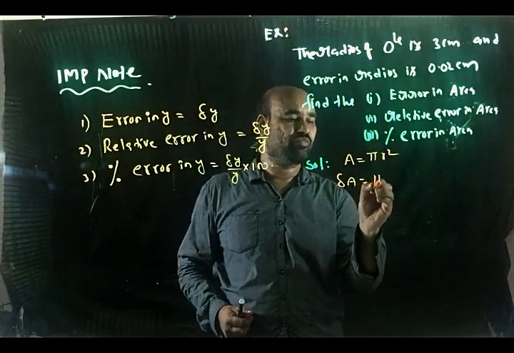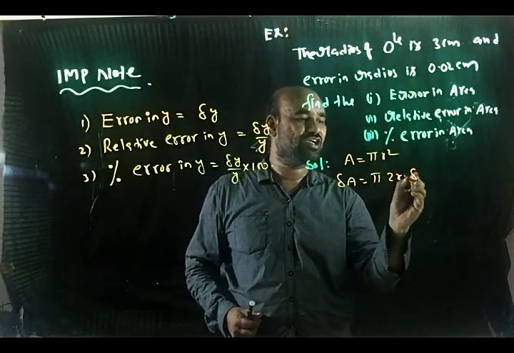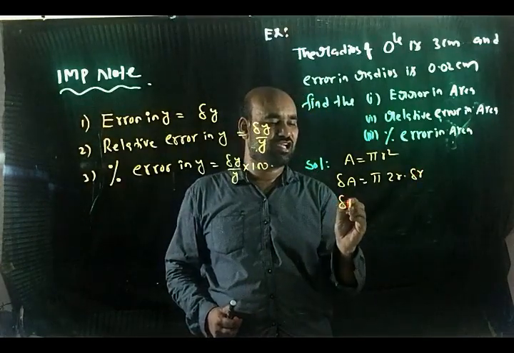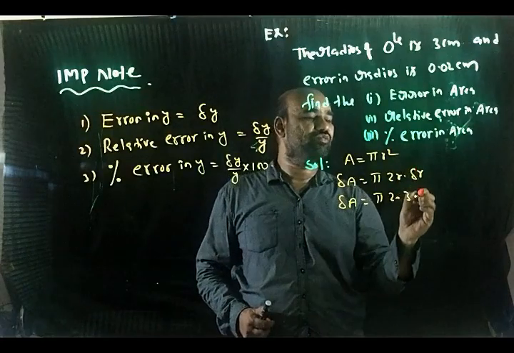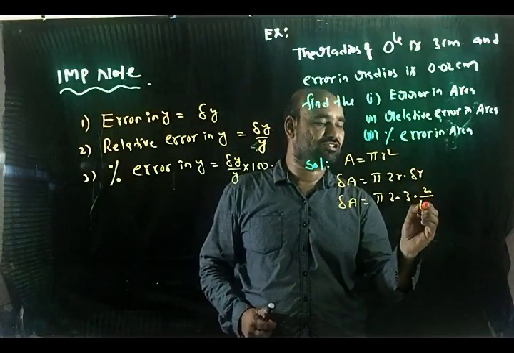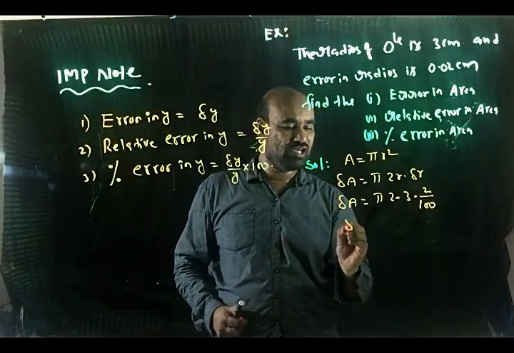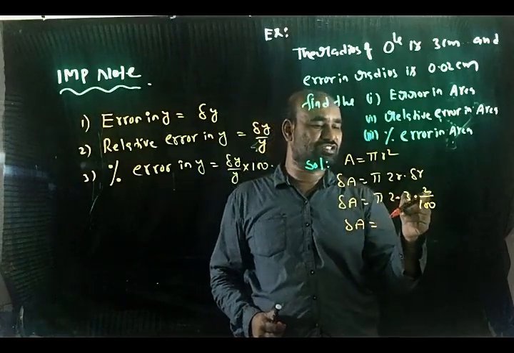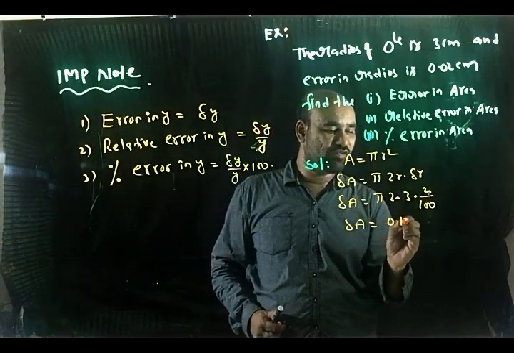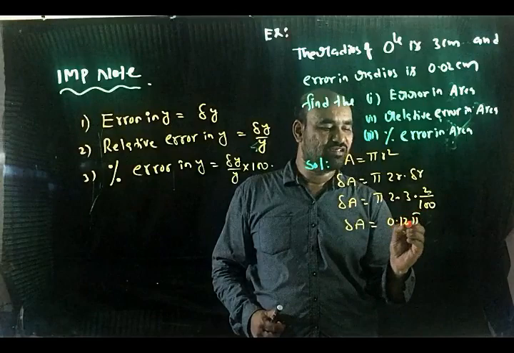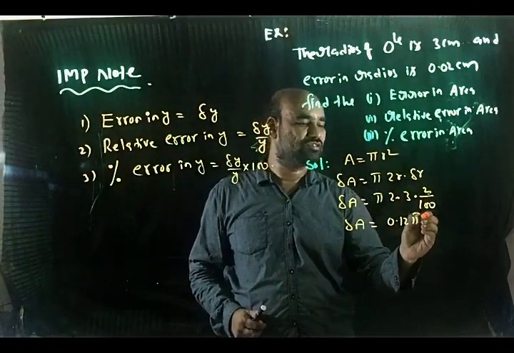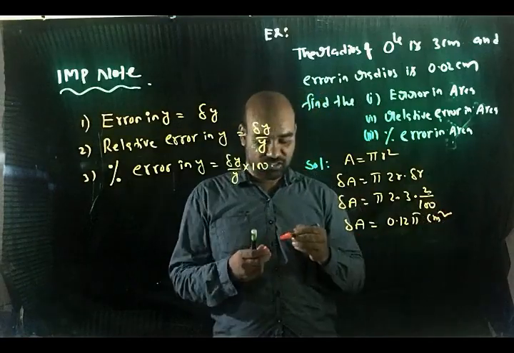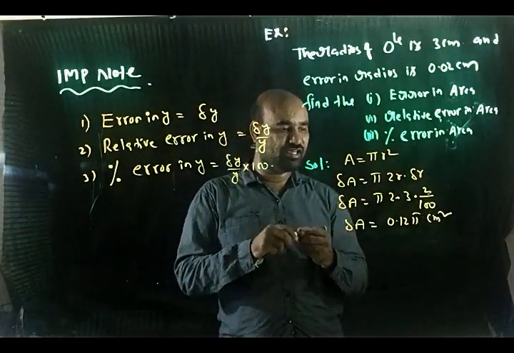Delta A equal to pi into 2r into delta r. Delta A equal to pi into 2 into r means 3 into 2 by 100. So delta A, what you got here, 3 twos are 6, 12, 0.12 pi centimeter square, sorry. This is the error in area.